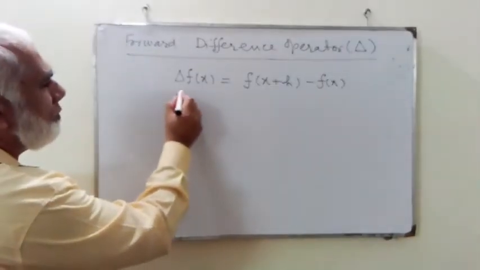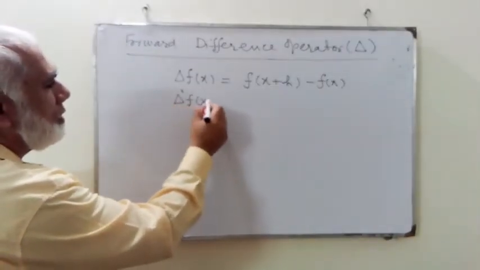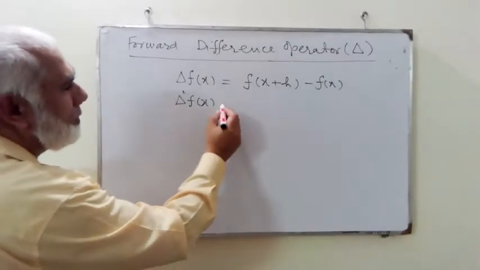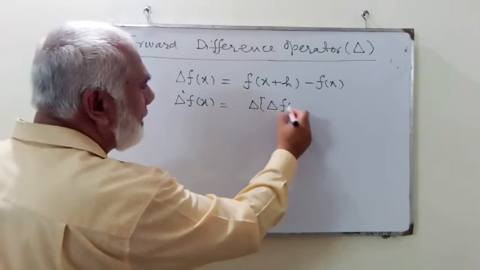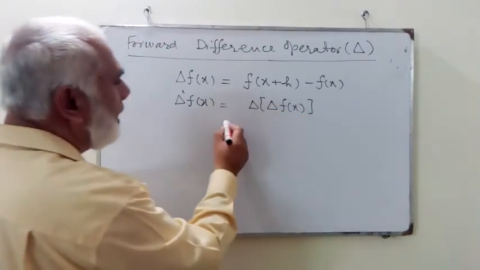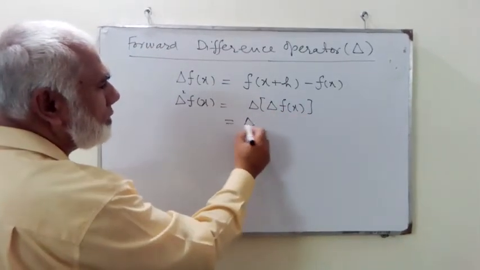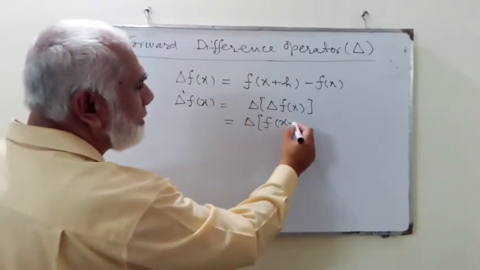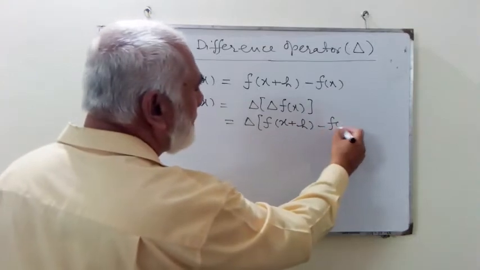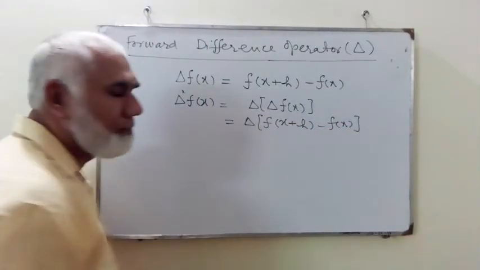Similarly, if we apply it twice, this can be written as delta into delta f of x, and once you apply it over the function, it takes the form, according to the definition, f(x+h) minus f(x).